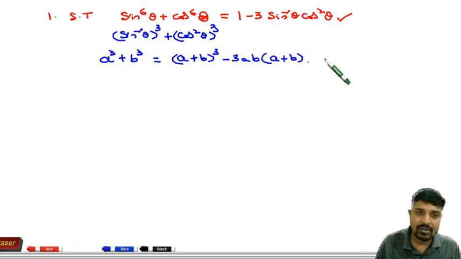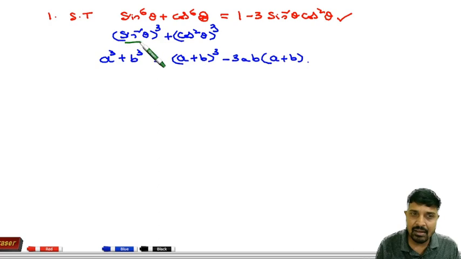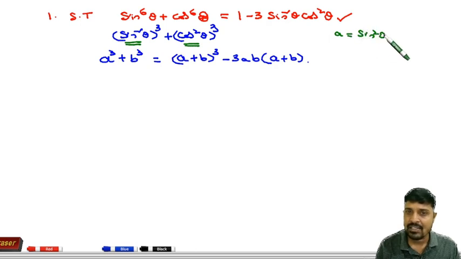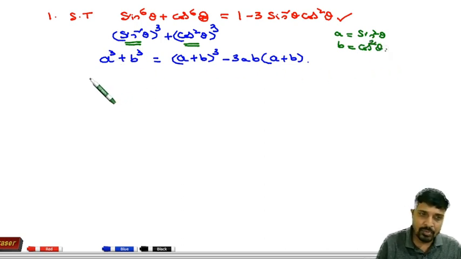Here in the place of a you can put sin square theta, and in the place of b, cos square theta. Now put it here.